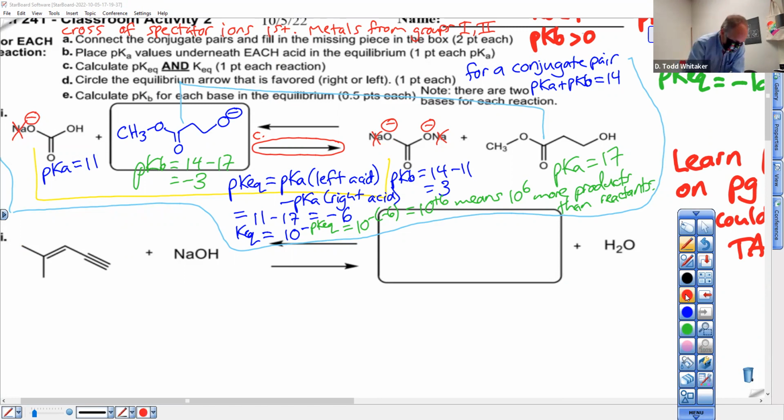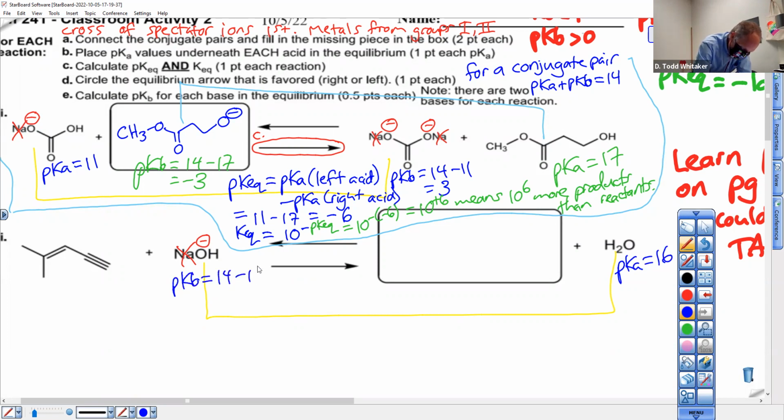And where's your spectator in this next one? That's hydroxide becoming water, right? I saw it. There's the pair that's there. Which one has the extra proton? The one with the extra proton is the acid. pKa for water, you have to learn. 16. pKb for its conjugate base is what? -2.